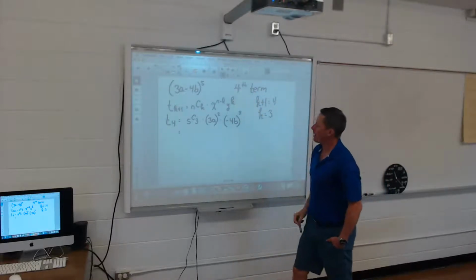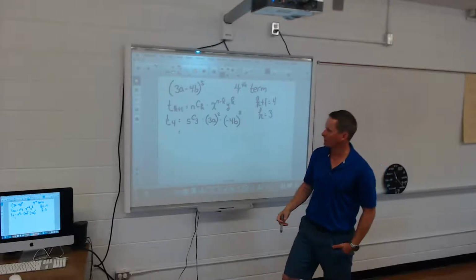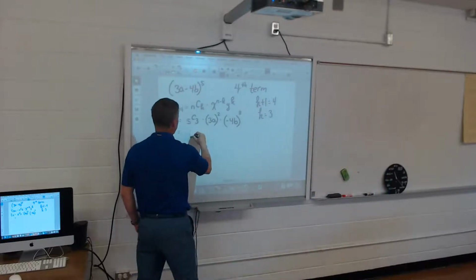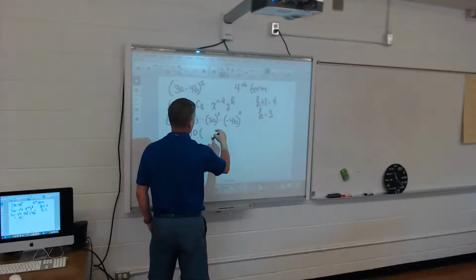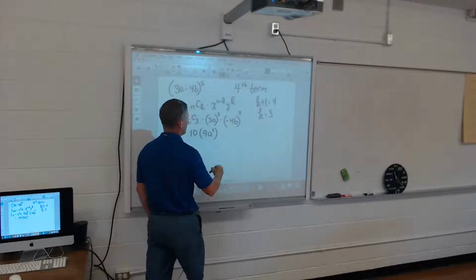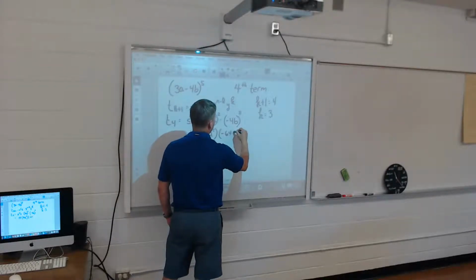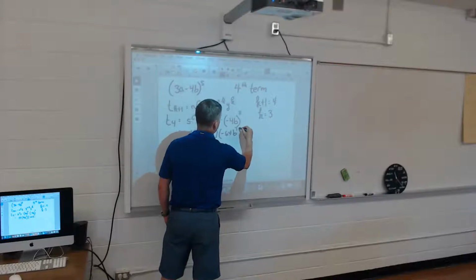So now I have this. So now I need to simplify this whole expression. So 5c3 is 10. 3 squared is 9a squared. And then I have minus 64b cubed.